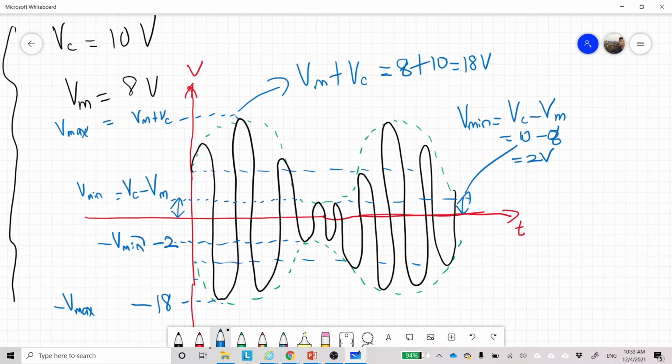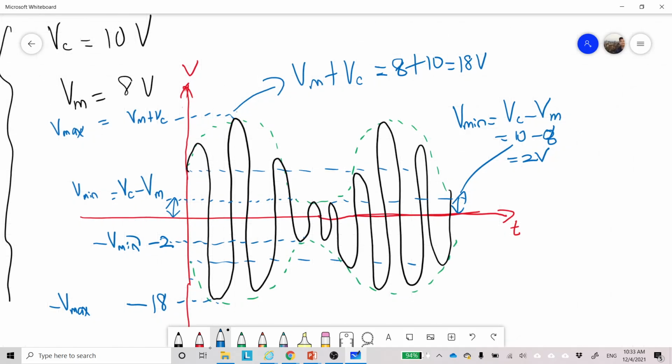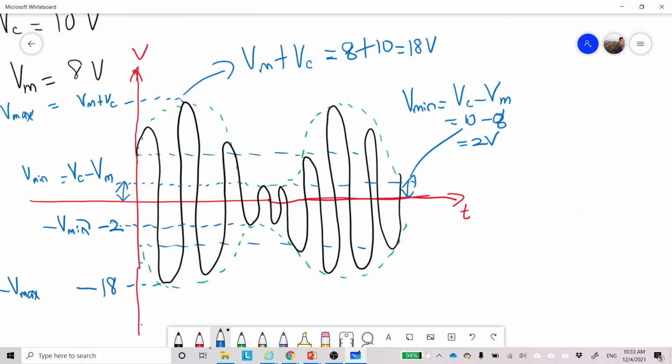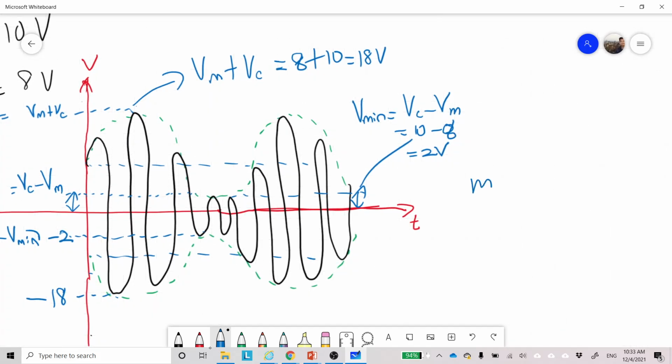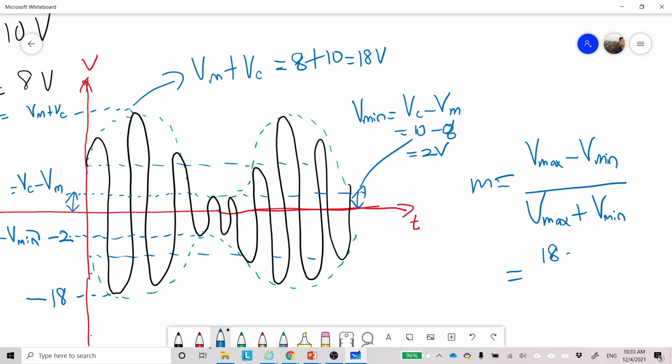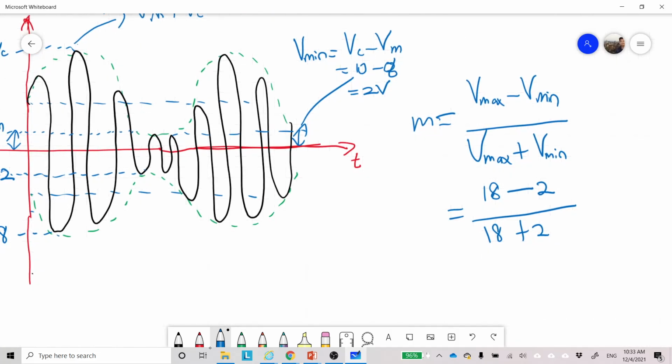So when you want to find the modulation index, what you can do is that M is equal to Vmax minus Vmin divide with Vmax plus Vmin. So Vmax is 18, minus 2 for Vmin, and then Vmax 18 plus 2. So you can try to calculate this one.